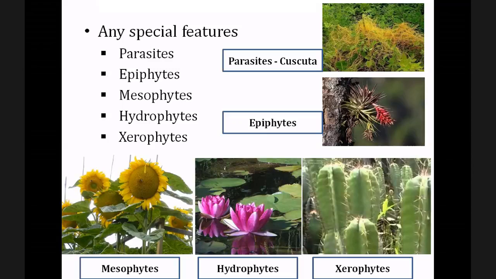For obtaining the nutrient, they live on other plants. So these parasitic plants absorb the nutrient from the host plant. So that is not a beneficial interaction.